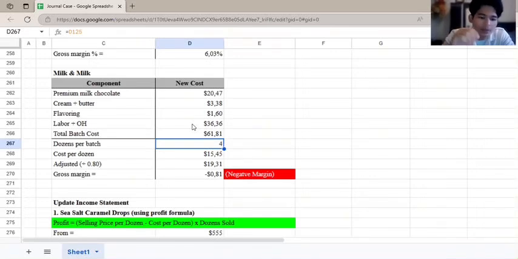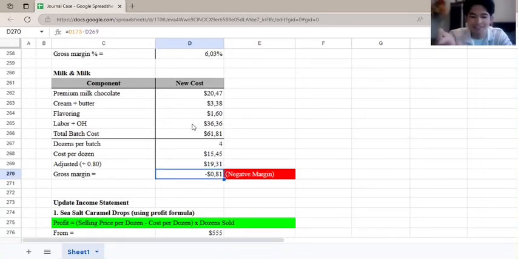So the cost per dozen is $15.45, and we adjusted it with 0.80. We got the new cost of 19.31, and the gross margin here is negative. I think it is because the cost is just too high to catch up with the price set by the owner. Since we got a negative margin, we don't need to get the percentage.